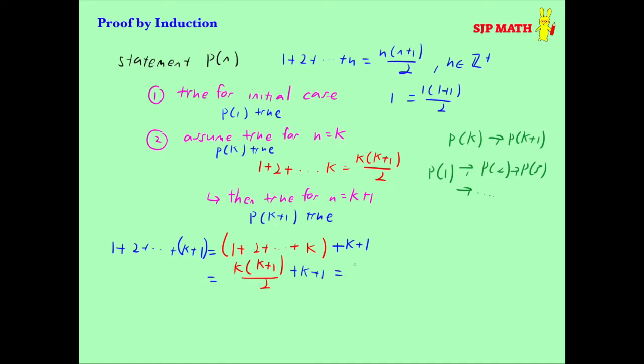And we can realize we can factor out k plus 1 to get k plus 1 times k over 2 plus 1. And then this is equal to k plus 1 times k plus 2 divided by 2, which is what we desired. Therefore, pk plus 1 is true.